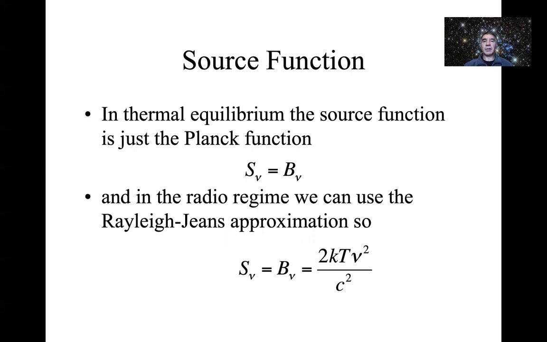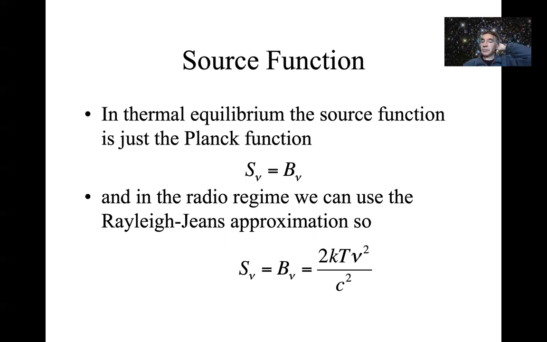So the absorption of photons will be balanced by a re-emission of photons, that kind of thing. Basically, the temperature of the material is well balanced with the radiation field itself. They are in equilibrium.